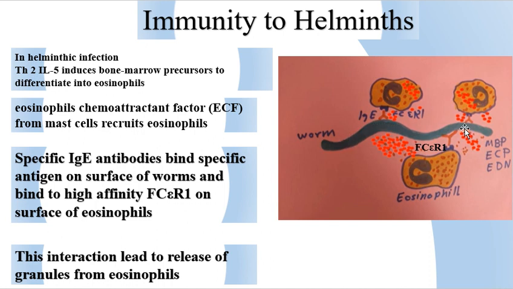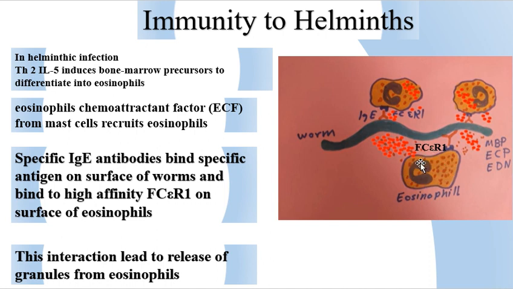It binds to the specific antigen on the surface of the worm, and it binds to Fc epsilon R1 receptors on the surface of the eosinophils, and these are actually high affinity receptors on the surface of eosinophils.